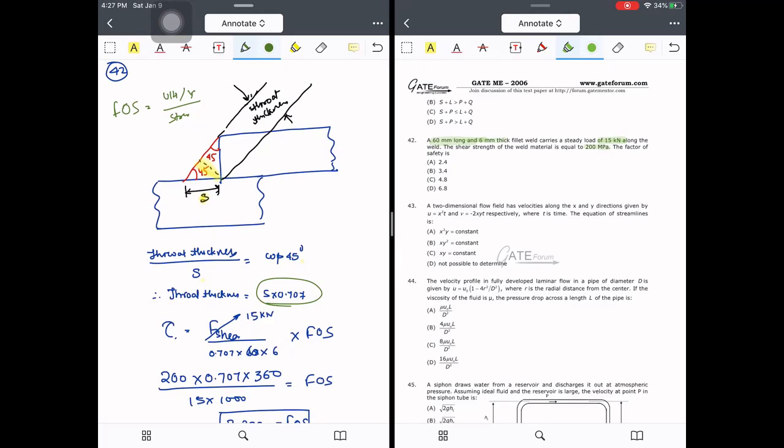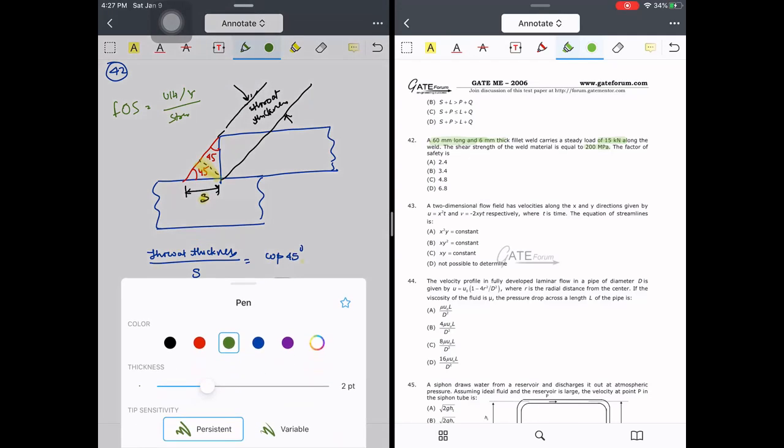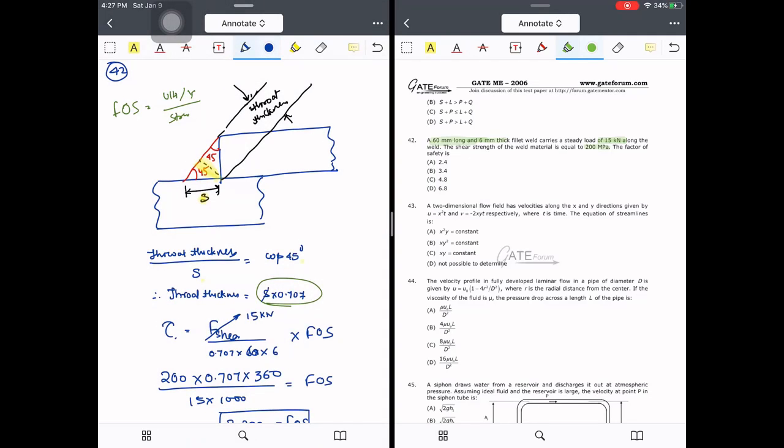The length is 60 mm and it is 6 mm thick. I think this is S, right? This is S, so that is 6 mm. So 6 mm cross 60.